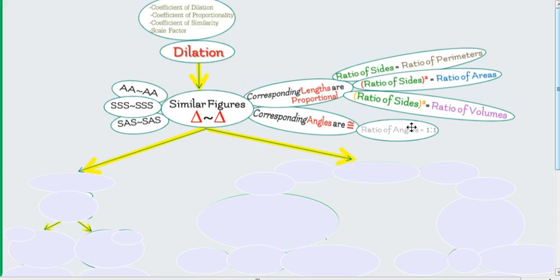Now let's focus further on similar triangles, because we will have lots of questions related to that kind of application. When triangles are similar, their corresponding lengths are in proportion, and what makes this material interesting and difficult at the same time is the fact that those proportions could be written in many more than one form.